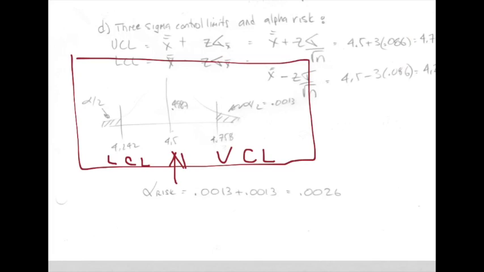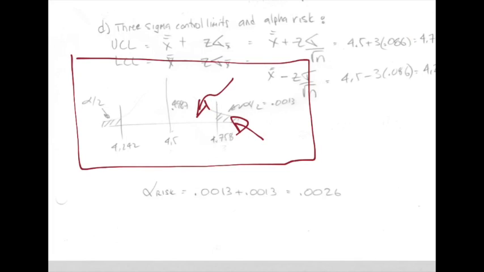So essentially, to calculate the area in the tail, we use these values to determine what is this area in here. And then, of course, 0.5 minus that area gives us the area in the tail right here.